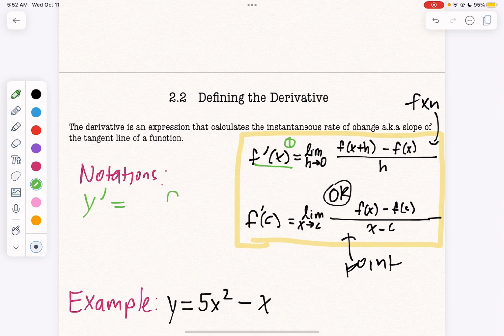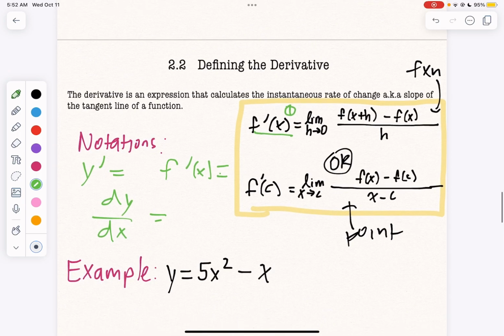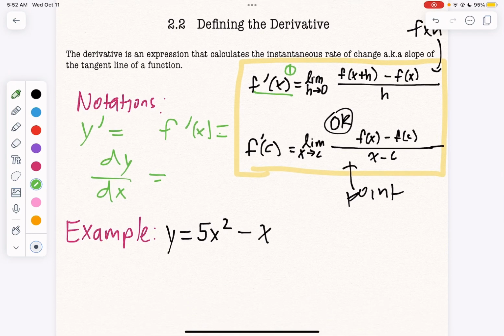Another way that you will see it is dy over dx, which is just another way of asking for the derivative of y with respect to x. Same thing as y prime, f prime of x, and all that jazz. They have names, but that's not significant. As long as you know that if you see these notations, it wants the derivative.